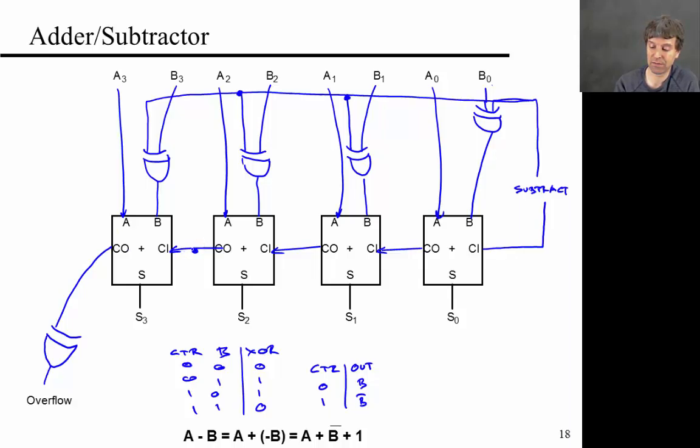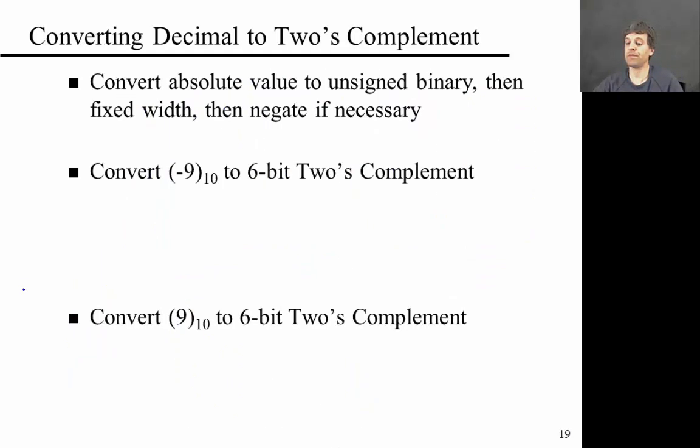So we're just going to add this here. Now we've essentially designed a system that does addition and subtraction as needed. If I set subtract to 1, I'll do a subtraction. If I set subtract to 0, it's just a standard adder. And it has the additional feature that I can check whether overflow occurred or not.